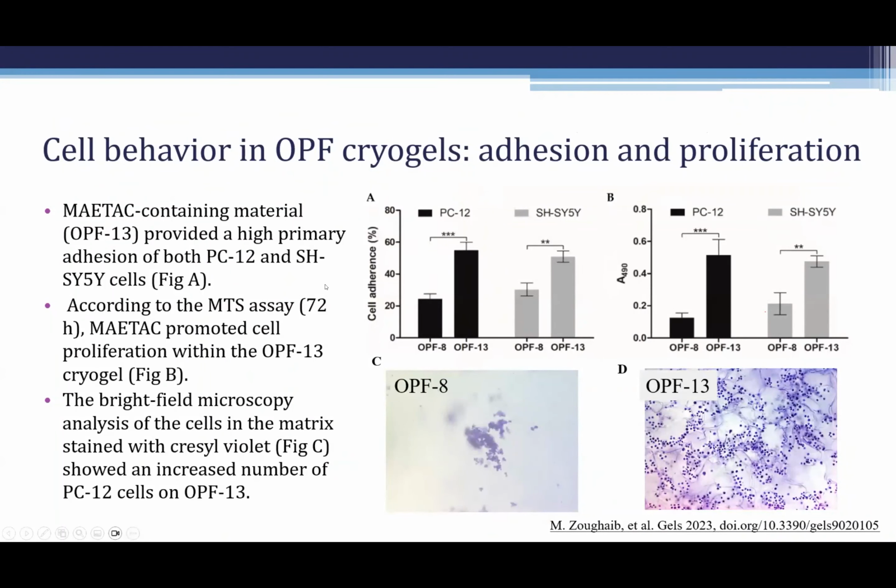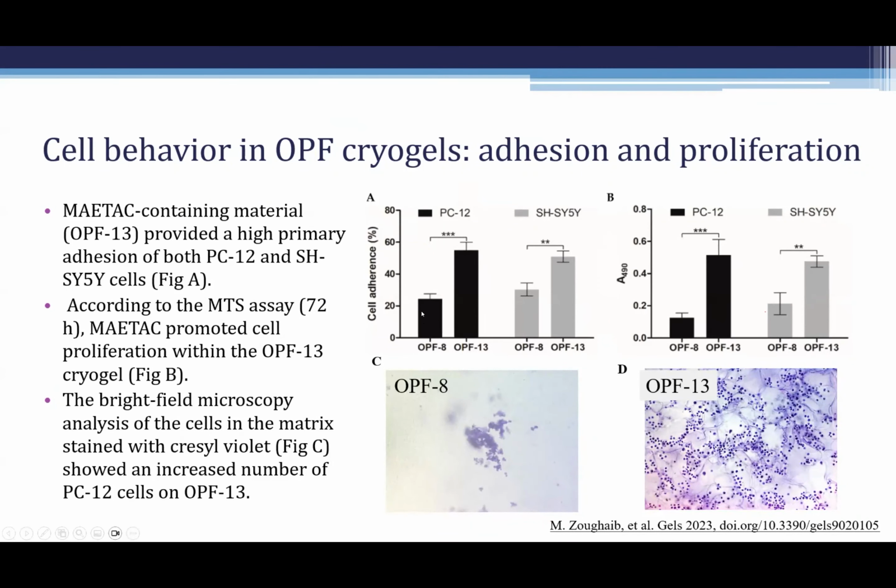So on this slide, you see that the cells' behavior in the cryogels, adhesion and proliferation, was analyzed, and two different types of cells have been analyzed, PC12 and SH-SY5Y.